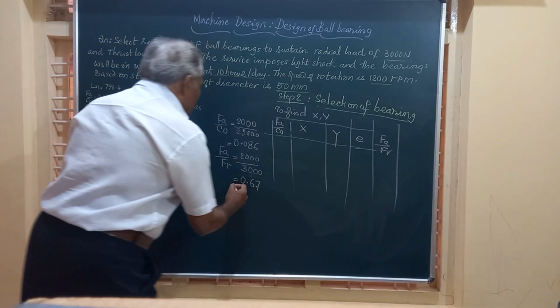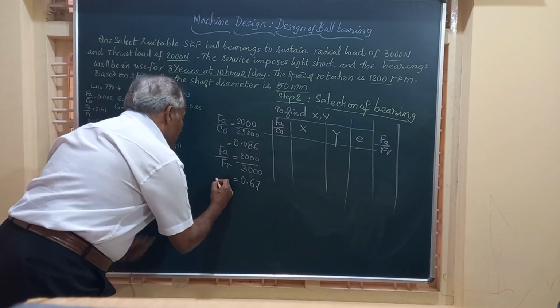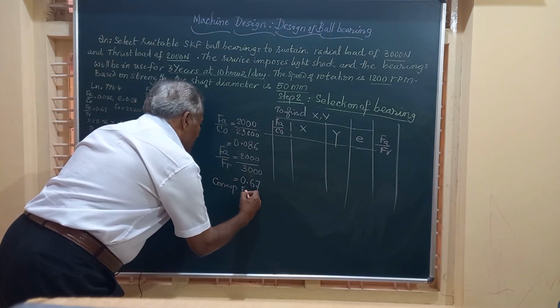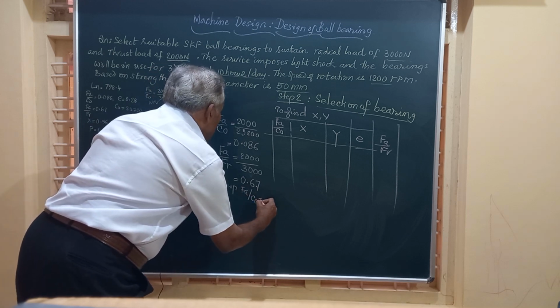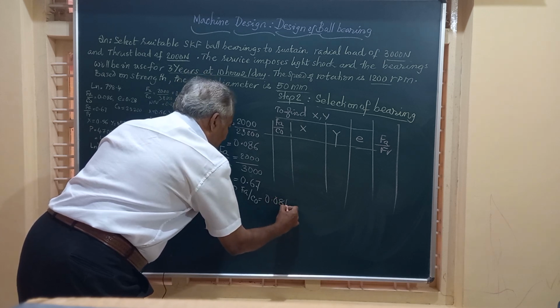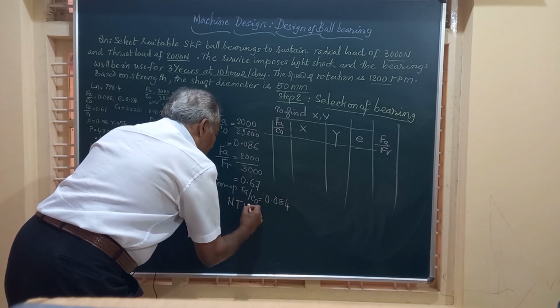You have got the value of e corresponding to Fa over C naught is equal to 0.086. Actually, you get 0.084. We have in the table the nearest table value.